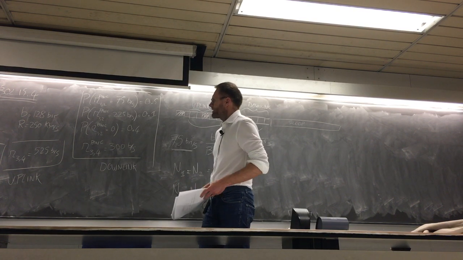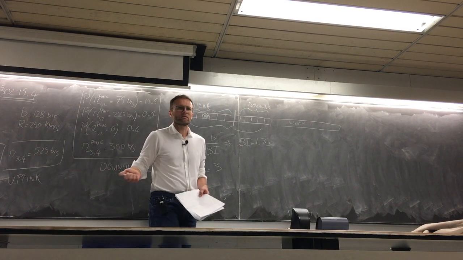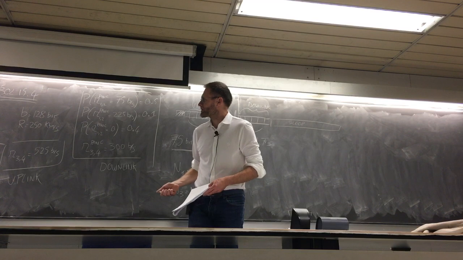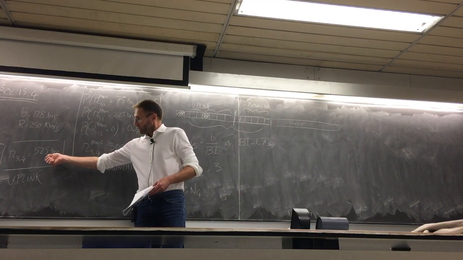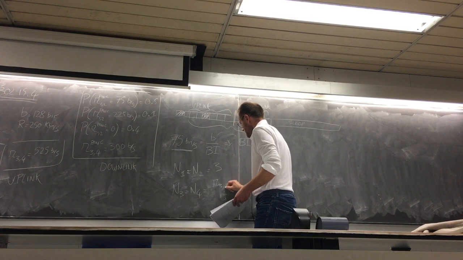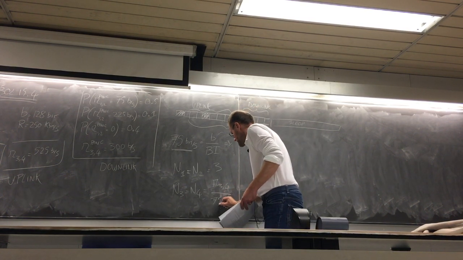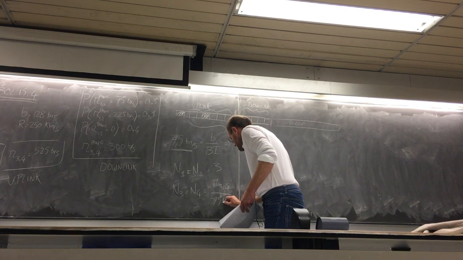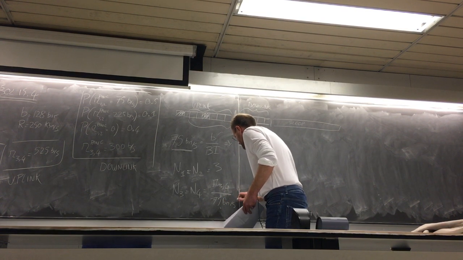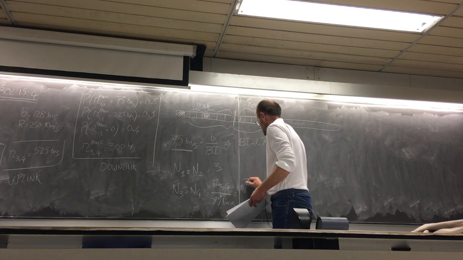N3 and N4 need a rate of 525 bits per second. 525 divided by 75 bits per second should be 7, right?